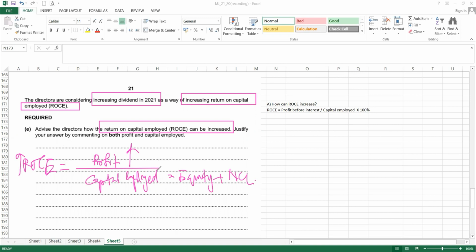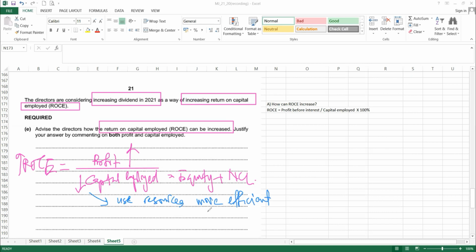Or another way is to reduce the capital employed, and ROCE will increase. And this reduction is actually talking about using the business resources more efficiently. It means that we spend less money to maximize the use of the assets in the company or the liability.